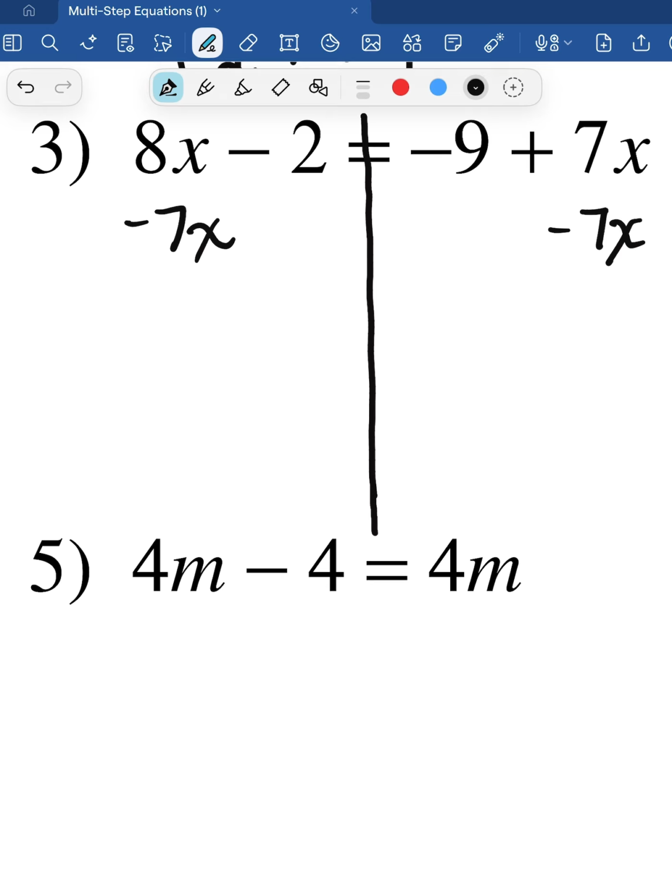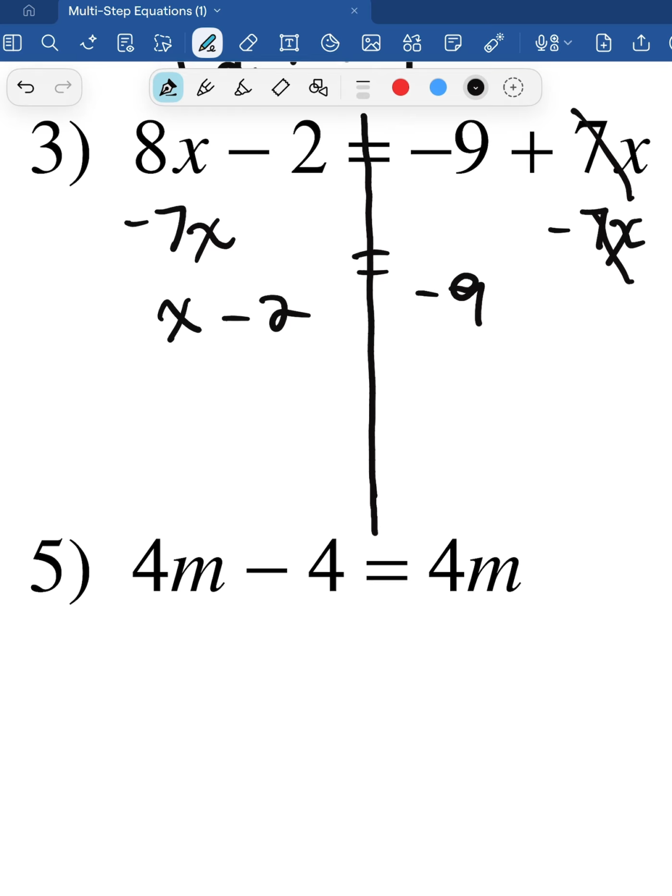In this case, after crossing out our 7x and negative 7x, 8x minus 7x is simply 1x, or x. We have a negative 2 on this side, and we're left with a negative 9 on this side.